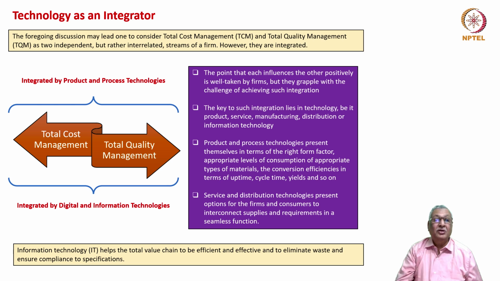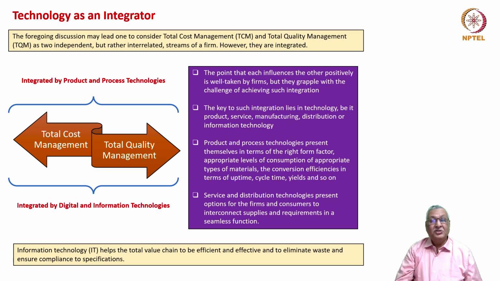How cost and quality are integrated. We have talked about leadership process, we have talked about employee skills, we have talked about managerial approaches that could integrate cost and quality as one integrated paradigm. But technology is the real underlying integrator for product and process technology.